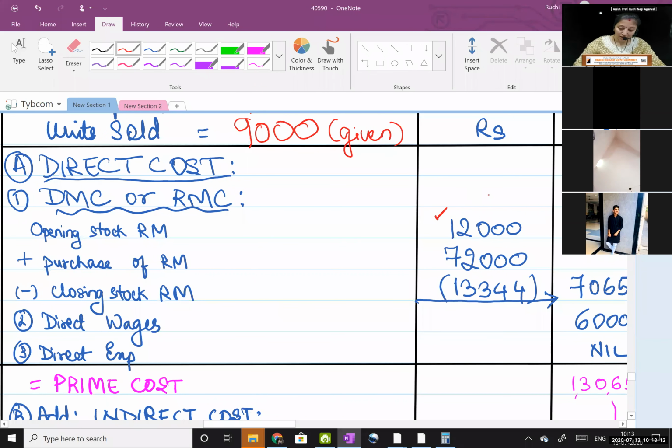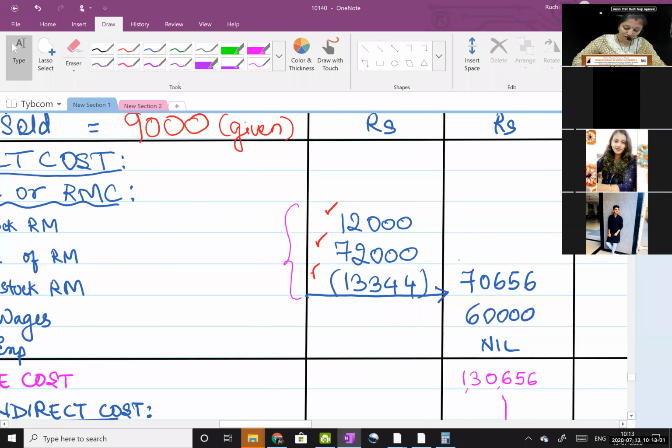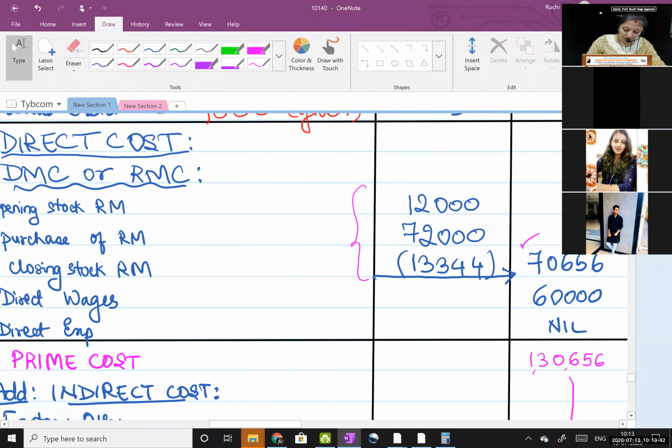Purchase of raw material 72,000. And closing stock of raw material 13,344. Okay. Take the inner column total in the outer column.